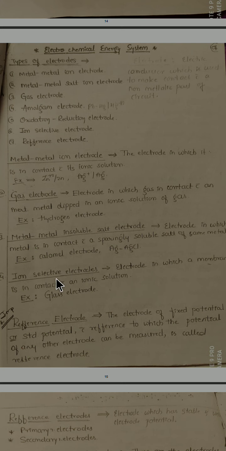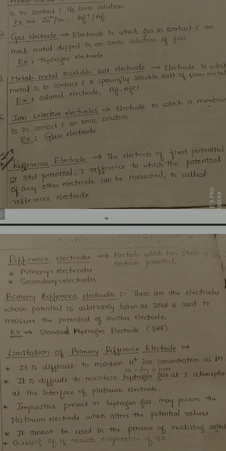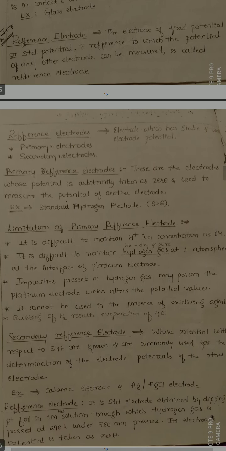That is an ion selective electrode. For example, glass electrode. When we come to the glass electrode concept, at that time we'll understand it in depth. Example is glass electrode.